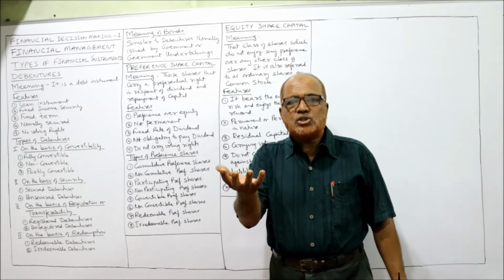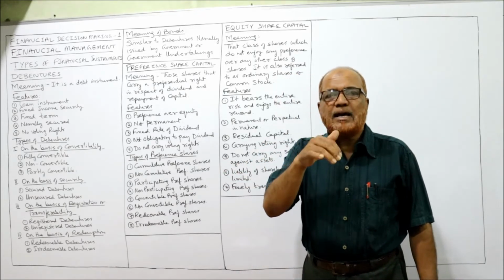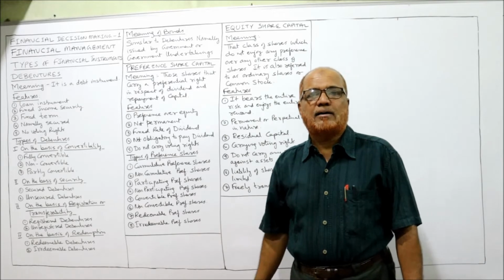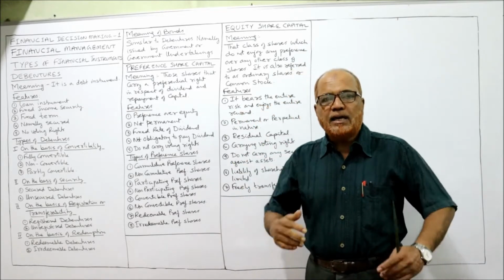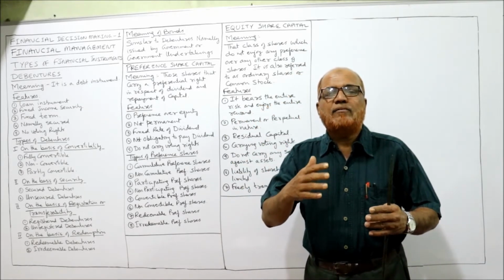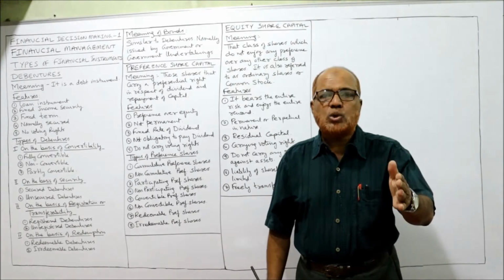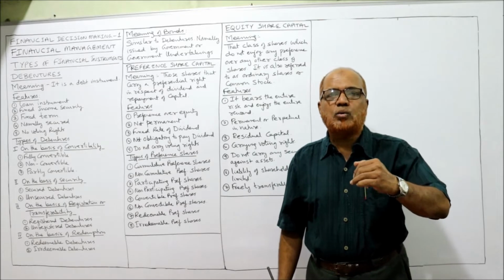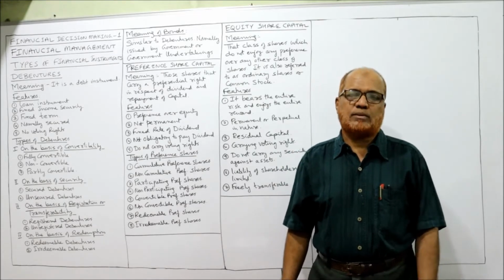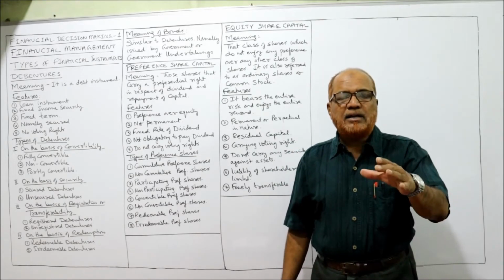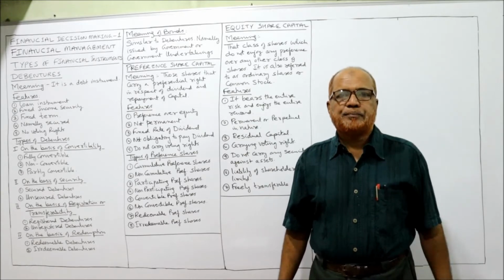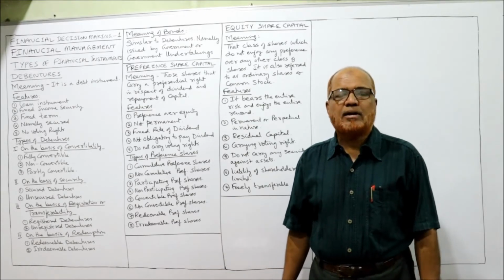So it's a debt instrument, meaning the company has taken a debt from the public, from the debenture holder. In return, the company will pay periodic interest payment, and on maturity, the company agrees to repay the principal amount. That agreement is written in an indenture. That is called a debenture, right?